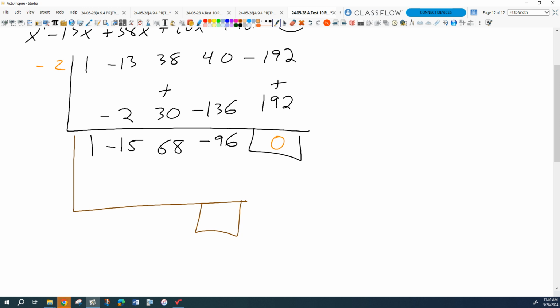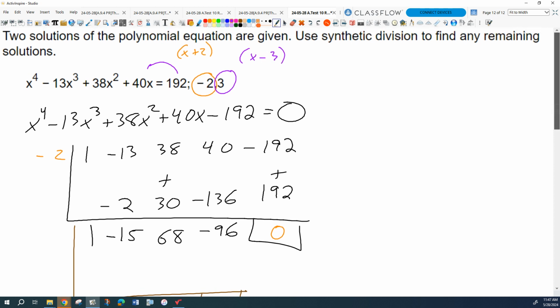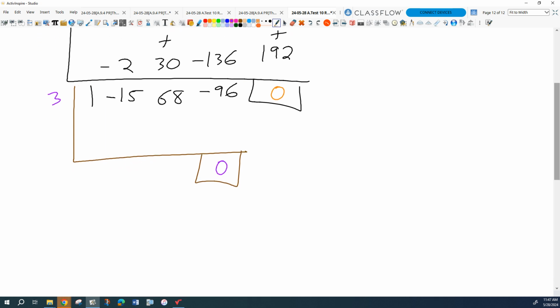Does that make sense? This time, what number goes out front? 3. Because I'm really just dividing by the factor x minus 3, which should give me a remainder of 0. So I put the number 3 out front, and I do the same process.